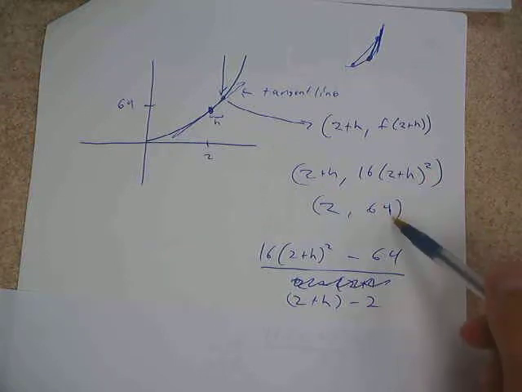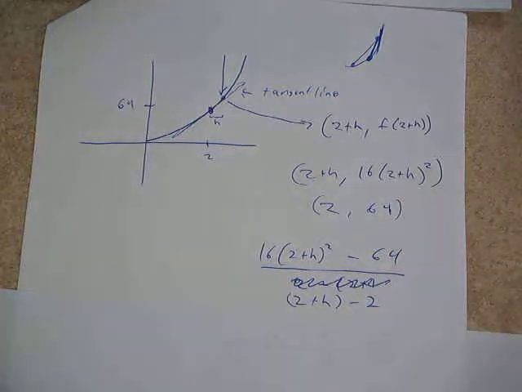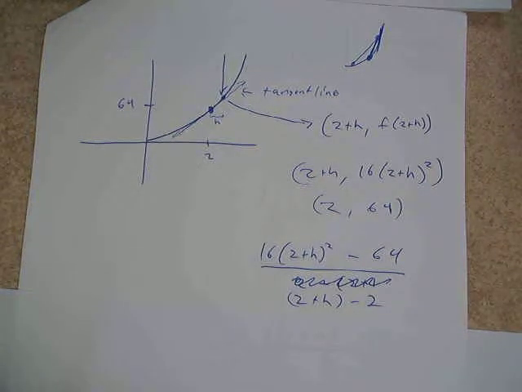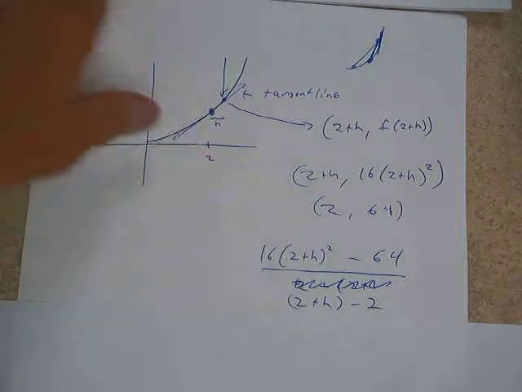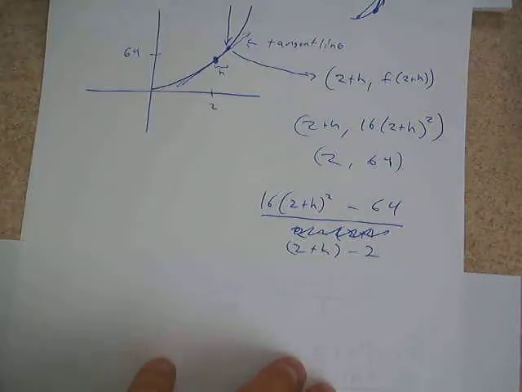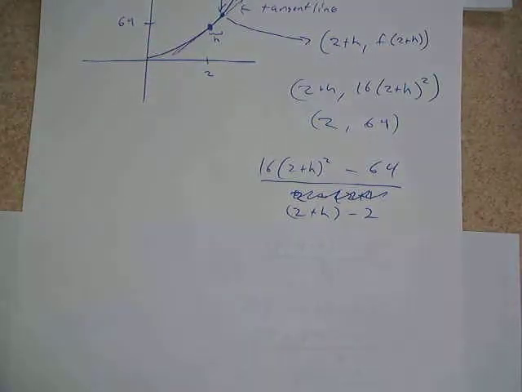So if I consider this my second point and this my first point, I'm going to write it down as the change in y over the change in x. So there's my slope, my y2 minus y1, and in the bottom I got x2 minus x1.